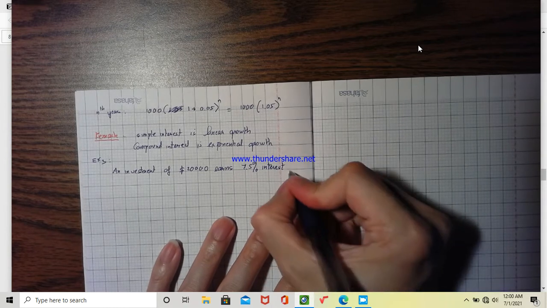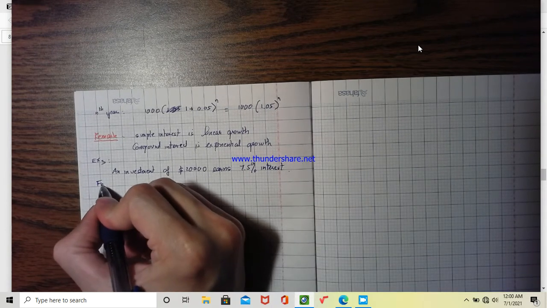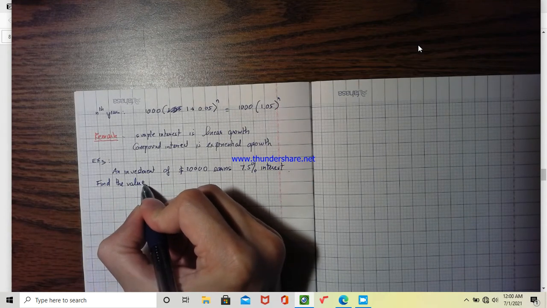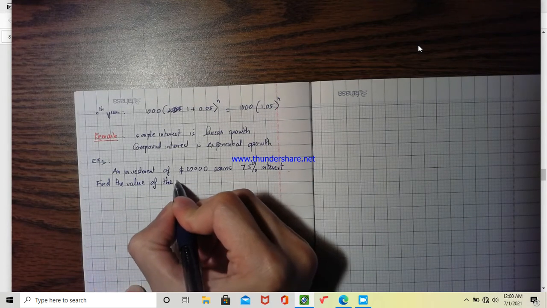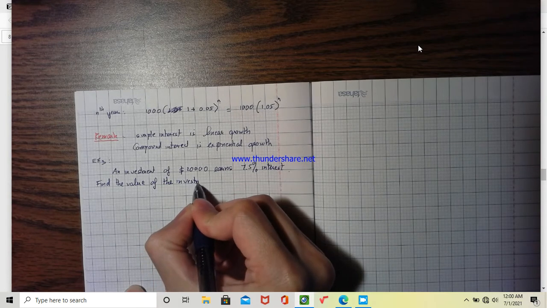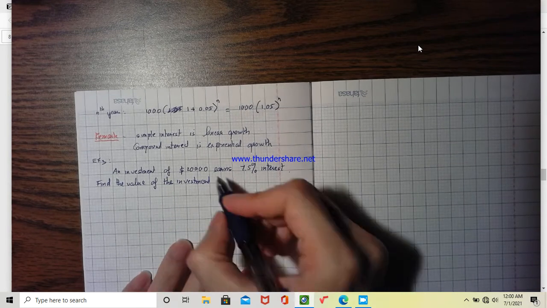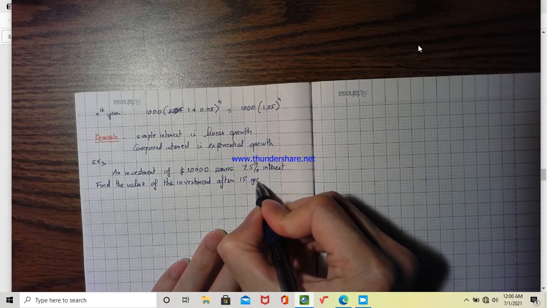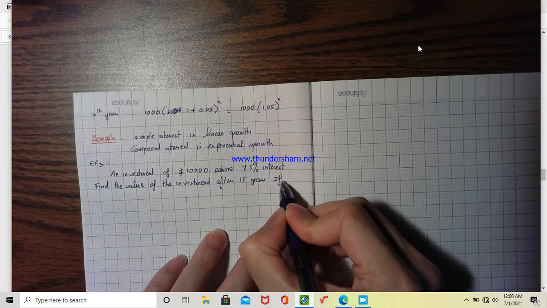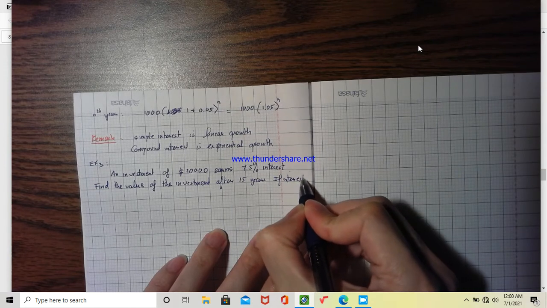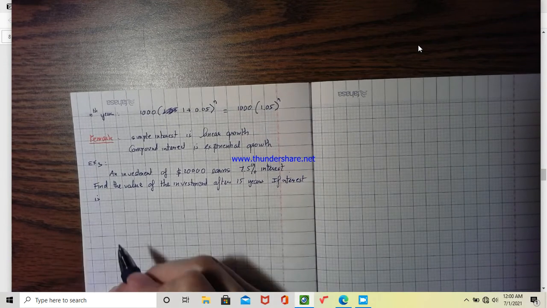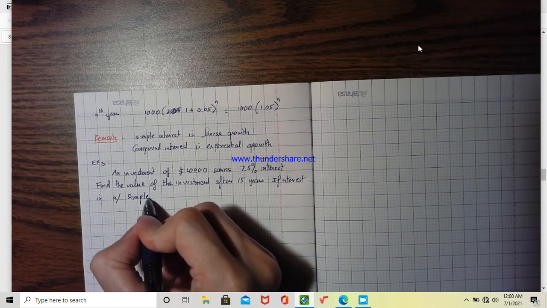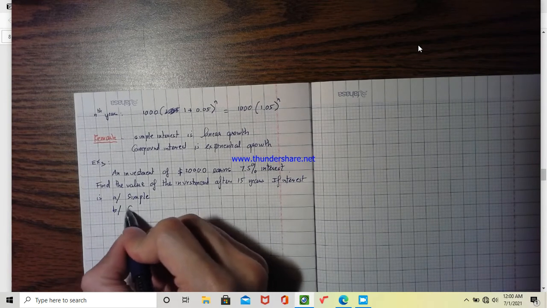Find the value of the investment after 15 years if interest is A, simple, and B, compound.